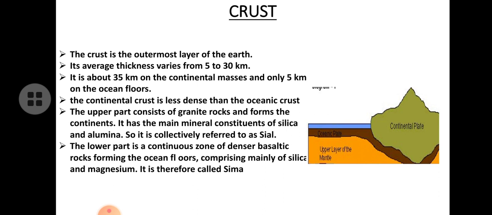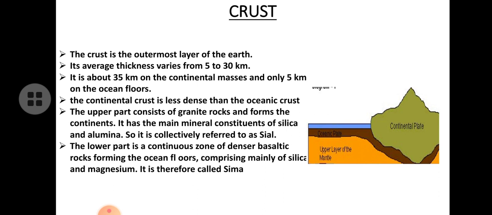Oceanic crust is the sea water bed. The land which is found below the sea water is called oceanic crust. Understood? The land in which we live is called continental crust. The sea water bed is called oceanic crust.